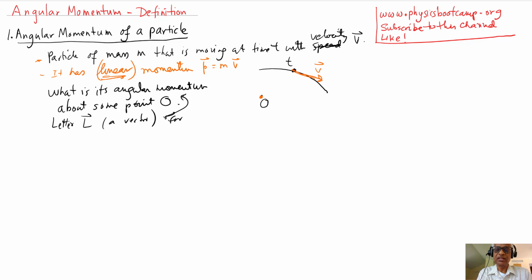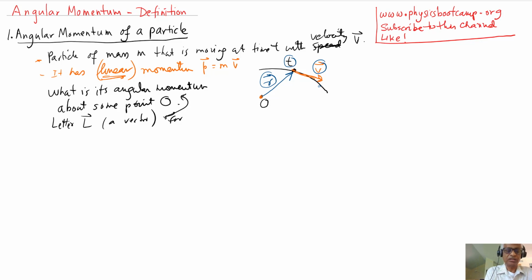Well, I actually need this displacement vector, which we'll call r. At this point, of course, the particle is over here; at some other point r will change, but we're looking at this point, you have r. So this is instant by instant, right?